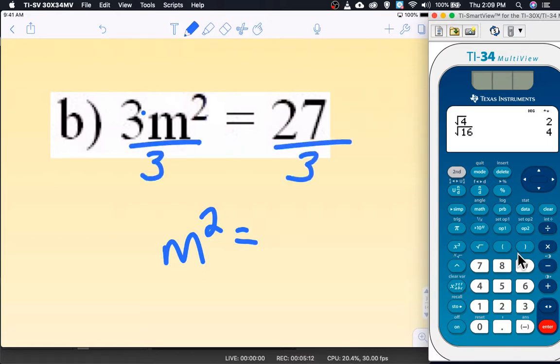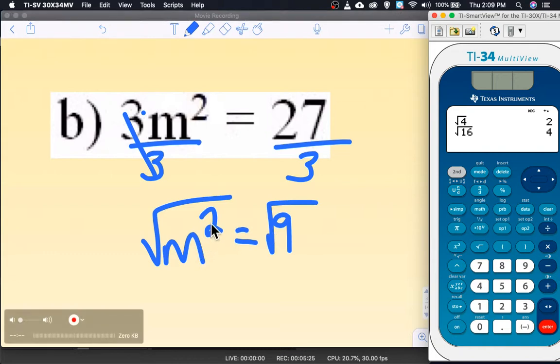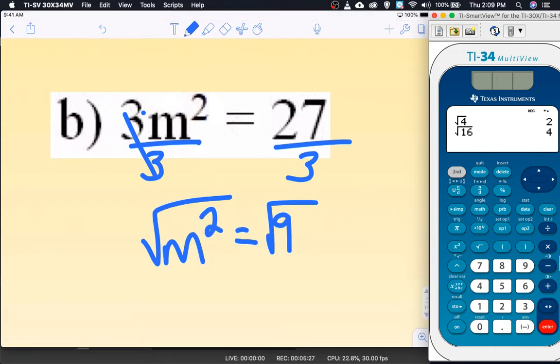We're just solving the equation. 27 divided by 3 is 9. And then finally, when we square root both sides, m squared, when we take the square root of it, those two operations cancel each other out. And we get m equals 3 and negative 3.